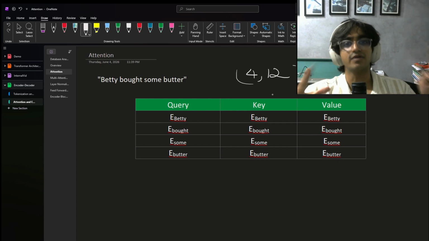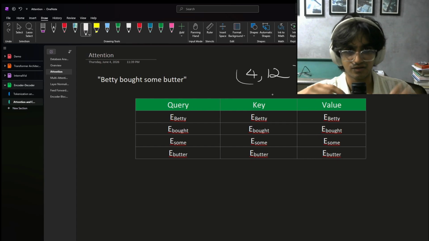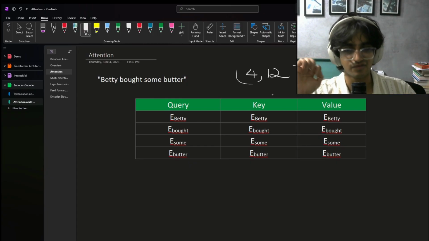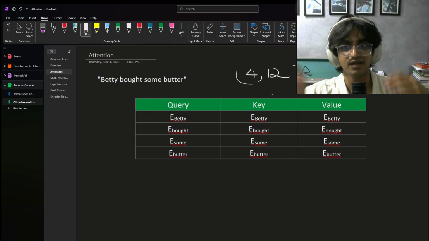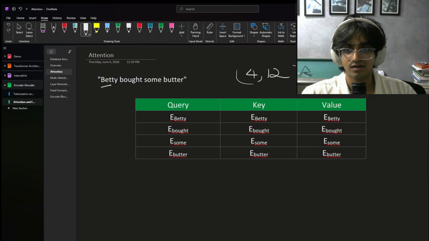So ultimately, what do we want? We want a similarity score. We want to compare Betty with bought, Betty with Betty itself, Betty with some, and Betty with butter. And similarly for bought, we want to compare it with Betty, bought with bought itself, bought with some, and bought with butter.